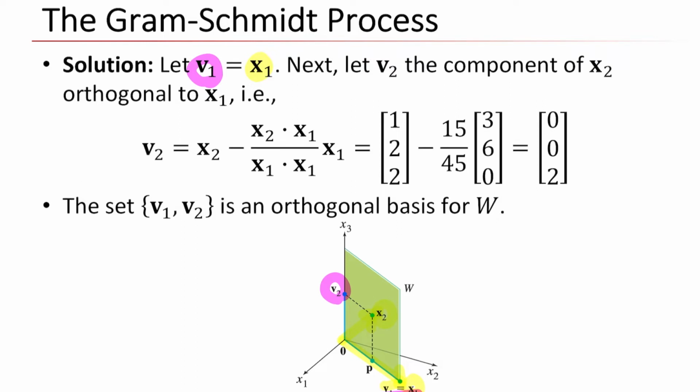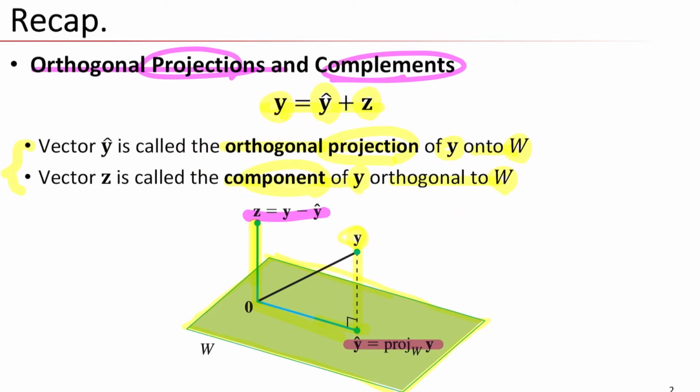Then how can we find v2? Because in this case v2 is the component of the vector x2 orthogonal to x1. So if you go back to this definition, the vector z is called the component of y orthogonal to W, right?